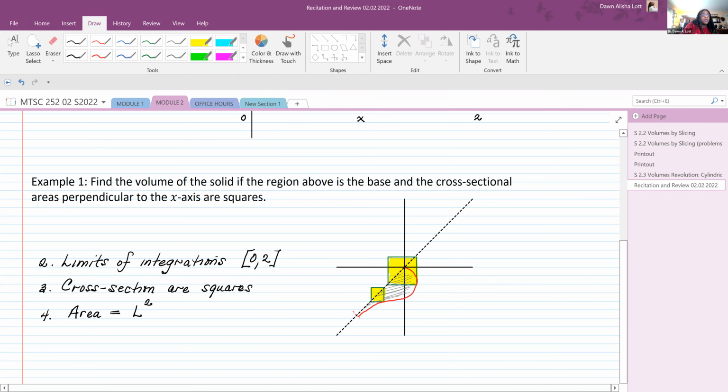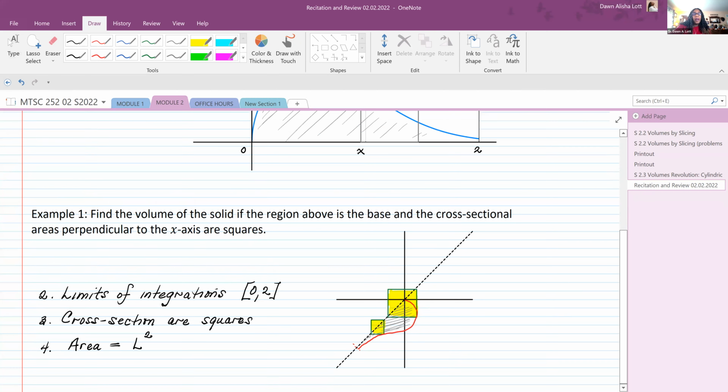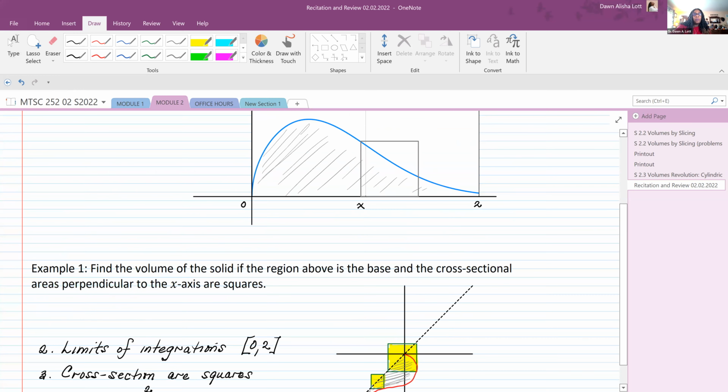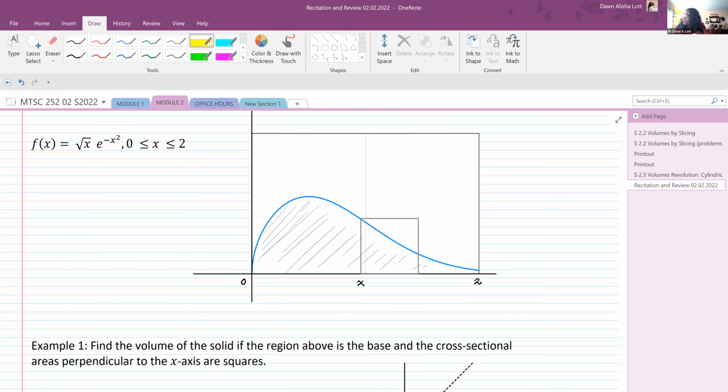So the area of any square is the length squared. Okay, so now if the length is squared, let's look at our area. So here's our area that's standing up in the air.